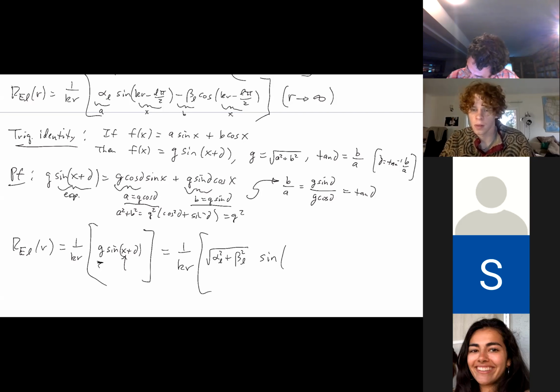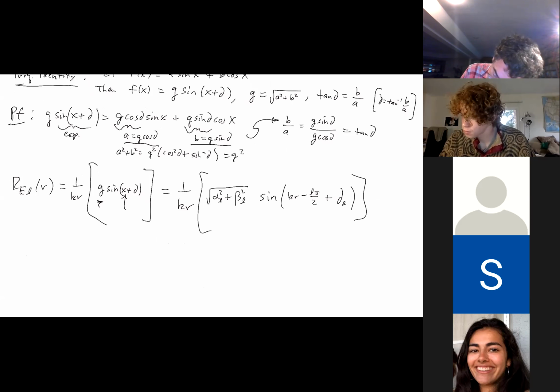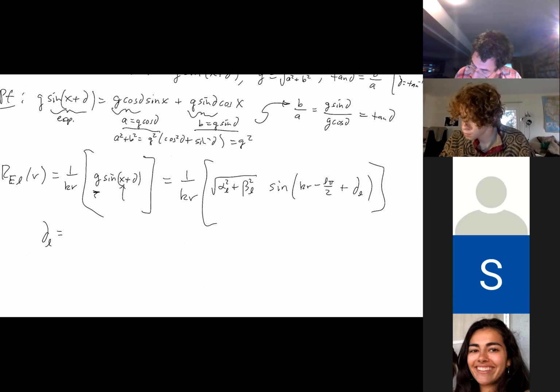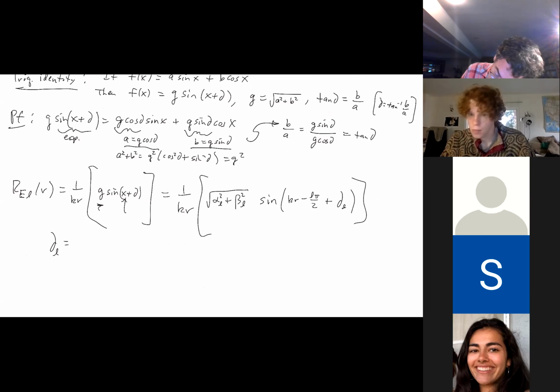KR minus L pi over 2. Yes. And then the delta plus delta L. But what's delta L? Tan inverse of negative beta over alpha. Exactly.